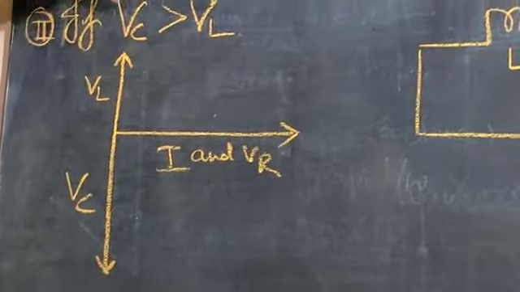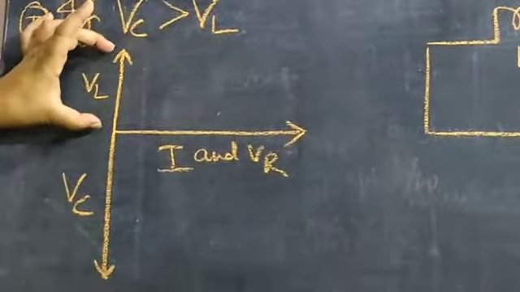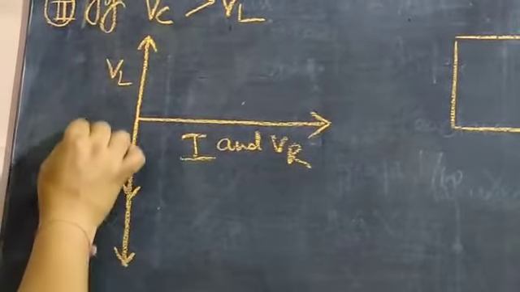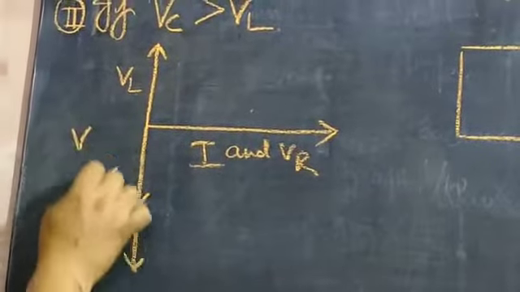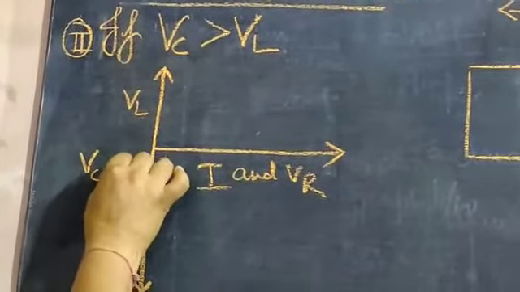So here VC is greater than VL, so an amount equivalent to VL will be subtracted from VC. So the resultant of VL and VC will survive in the direction of VC.